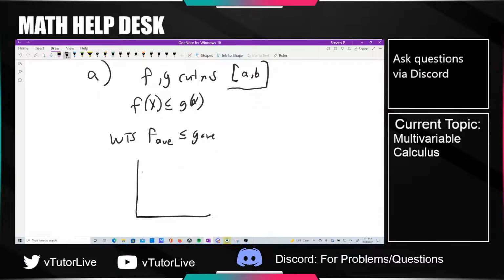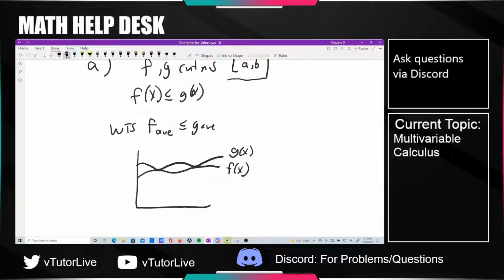This is basically saying, okay, you have some function f, and you have some function g that's always greater than or equal to f. So if this is g of x and this is f of x, it's pretty clear that the area under the curve of g of x is greater than that of f of x for any interval a to b.